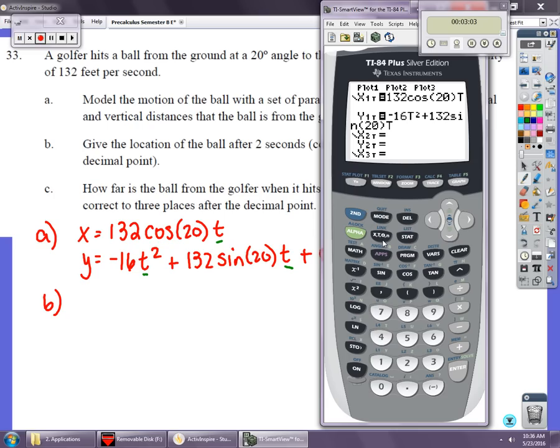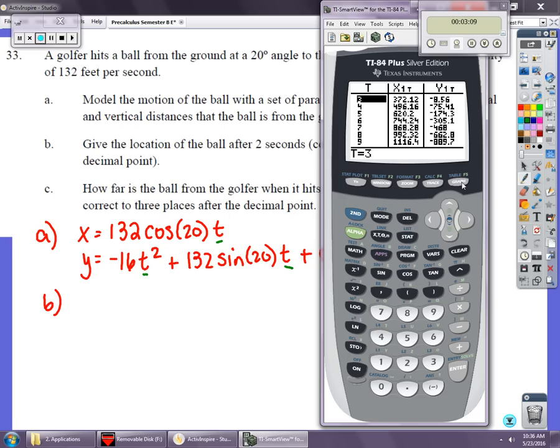But now if I want to know how high is the ball after 2 seconds, or I'm sorry, the location of the ball in 2 seconds, let me go to my table. And I can find that in 2 seconds, the answer for x is my horizontal distance, and the answer for y in the y column is my vertical distance. So 248.08.